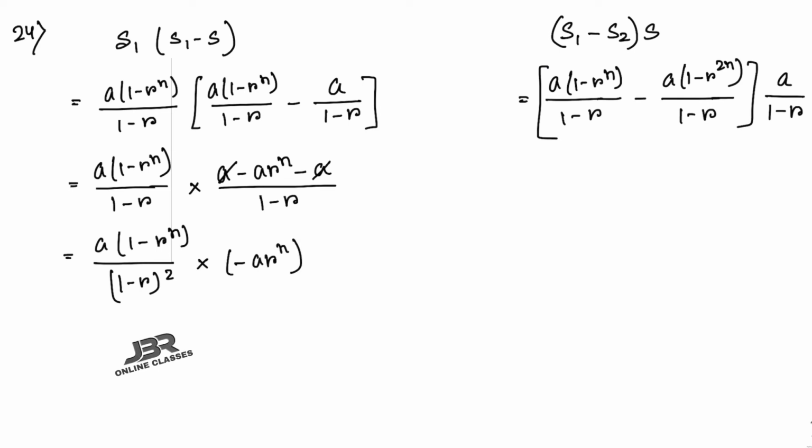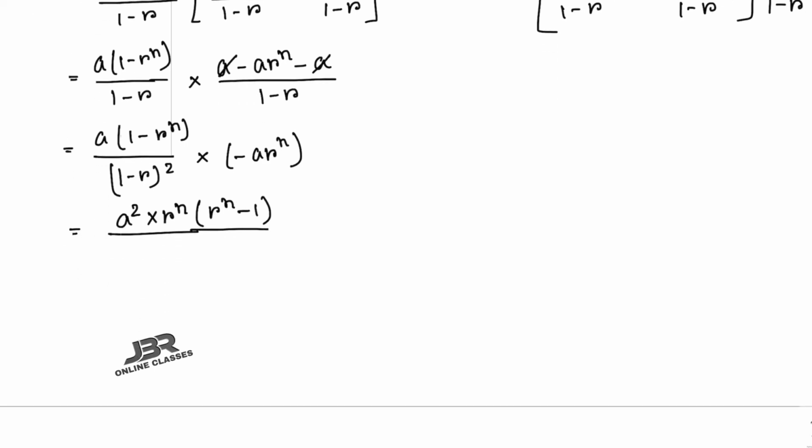Okay, minus a r to the power n. Now if you multiply a with this one, it will be a square into r to the power n, and it will be r to the power n minus 1, as minus minus becomes plus. Okay, so over 1 minus r whole square.